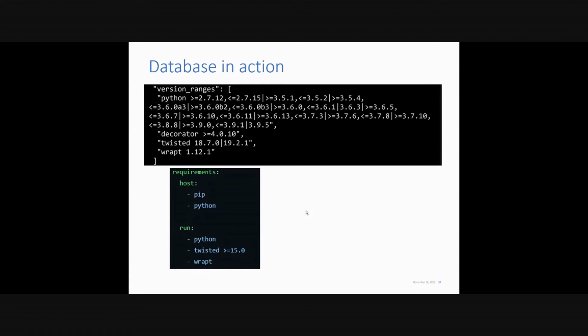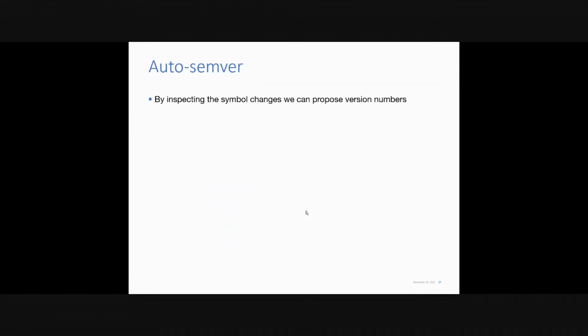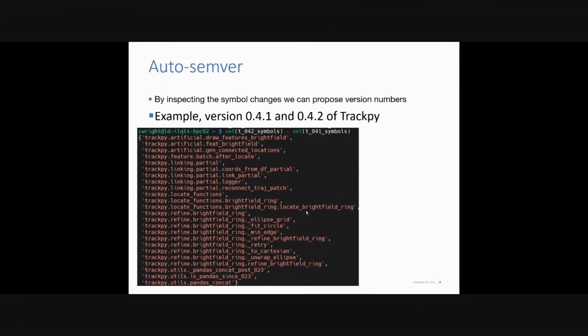But we can actually go the other direction as well. So we can also propose version numbers. So for instance, I'm going to compare 0.4.1 and 0.4.2 of a project called TrackPy, which actually was a great help for my PhD. So props to them. And one of the reasons why I had this on the top of my head.